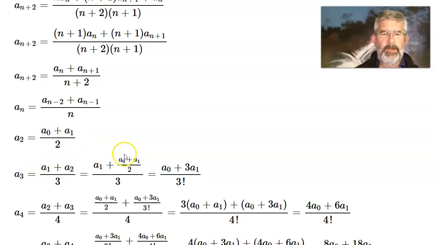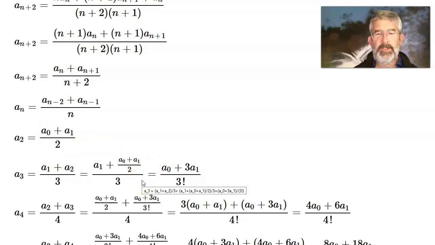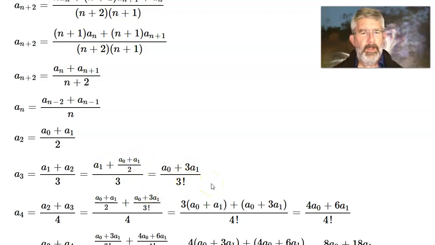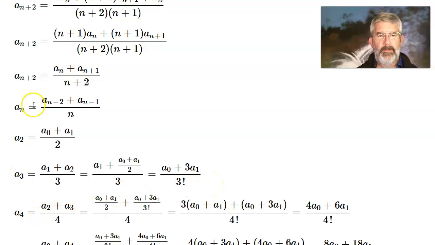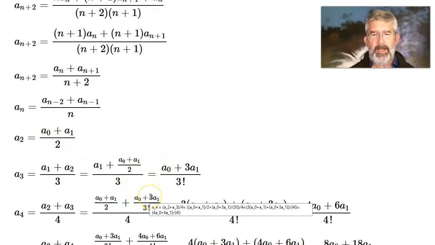But a2 we just calculated was that. Multiplying top and bottom by 2, I get that, yeah, a0 plus 3a1, because there'd be 2 there plus 1 more here. And the denominator becomes a 3 factorial. Then a4, with n equals 4, I've got a2 plus a3 over 4. a2 we calculated up here as this. a3 we calculated there as that.